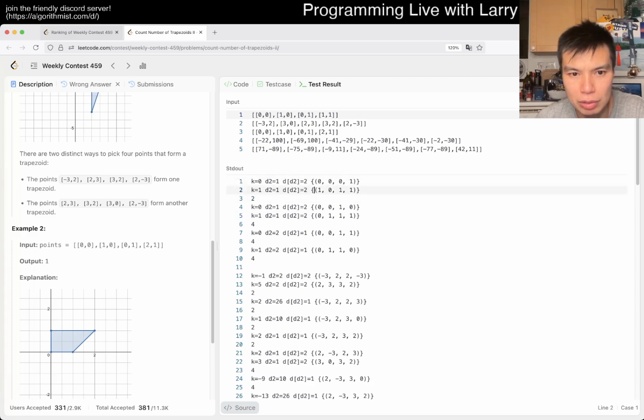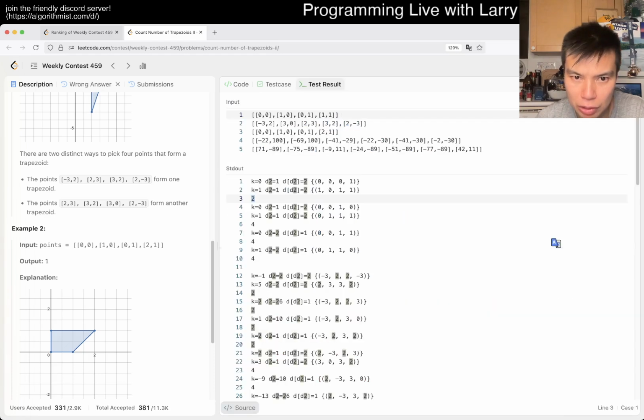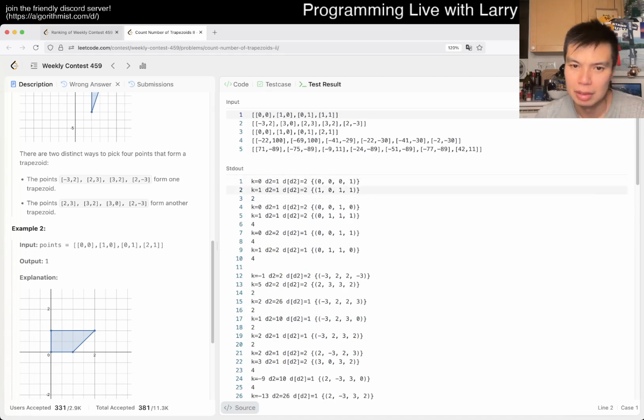Why is it 2? This is 1 times 1, so that's 2. Okay, actually, I guess that makes sense. This double counts. Okay.